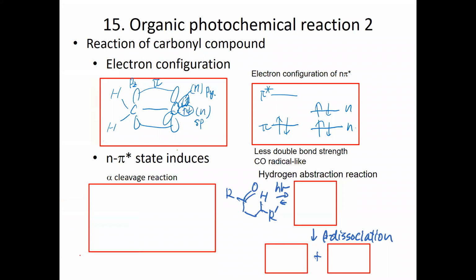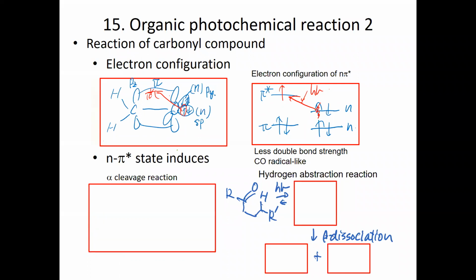So what happens, especially for the n-pi-star excitation, is that the electron distribution is changed quite a lot, because one of the electrons in the non-bonding orbital comes to the pi-star state, which extends into the CO bond.